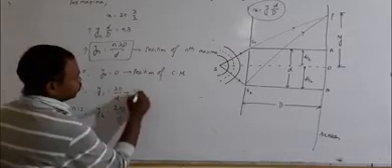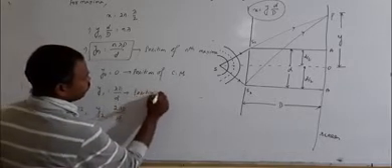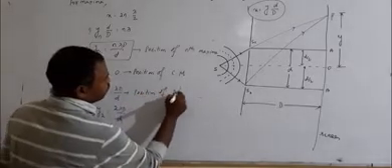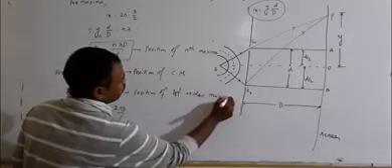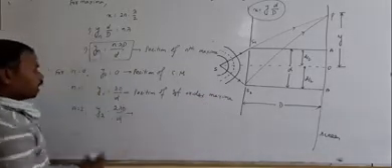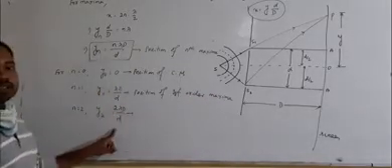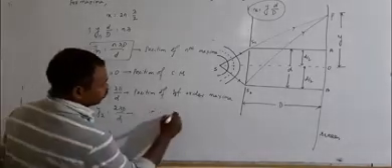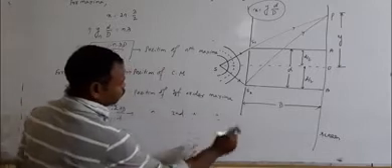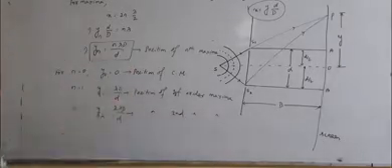This is the position of the first order maxima. Similarly, at a distance of 2 lambda D by d from the center we are getting another maxima. That is the position of the second order maxima. Like this it will continue.